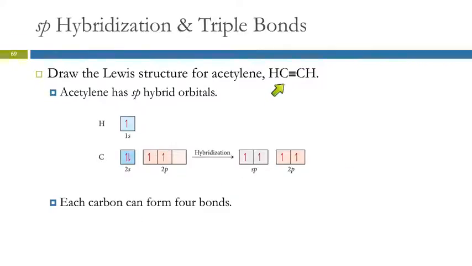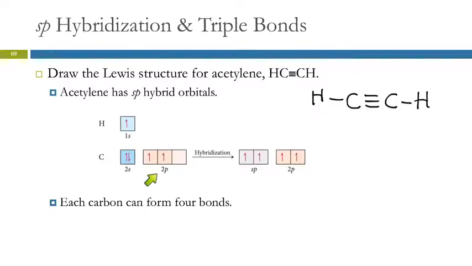So here we have acetylene. I really should change this because what's drawn there is almost the Lewis structure. We're just missing bonds here. So what happens here with the triple bond is this.